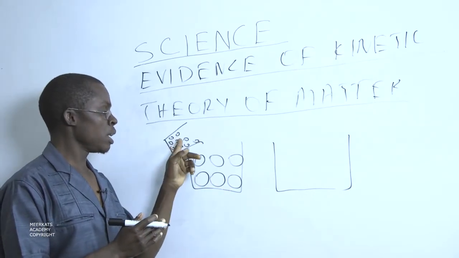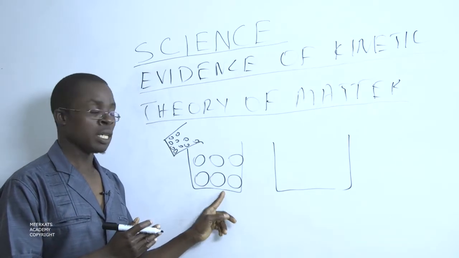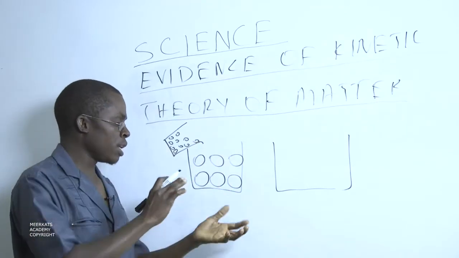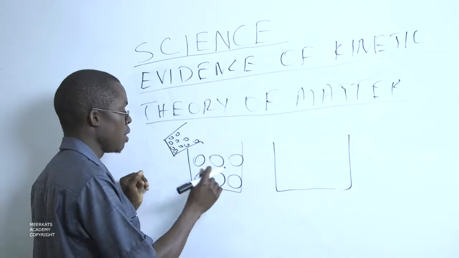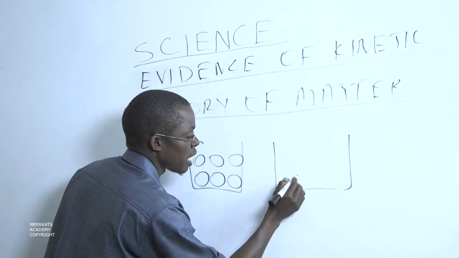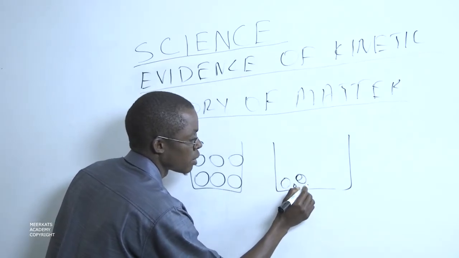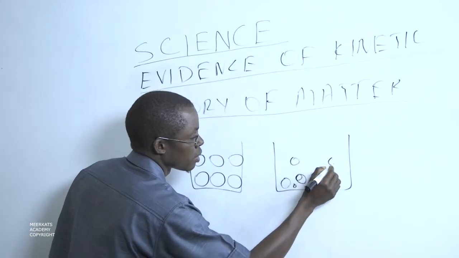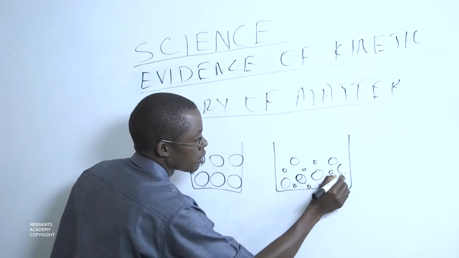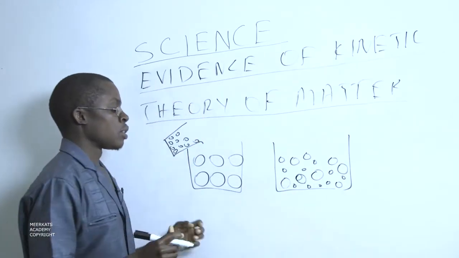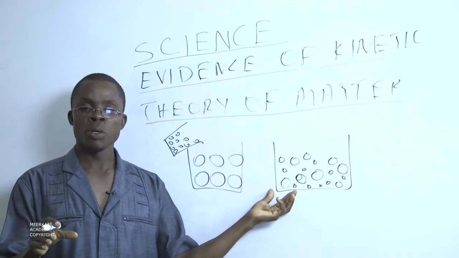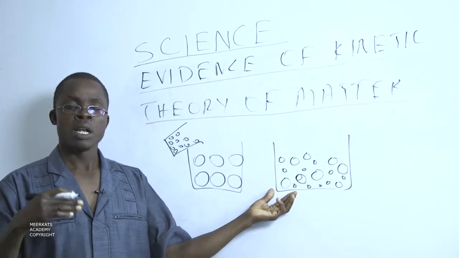Liquid, liquid. So this liquid A being poured into liquid B. This can be water, this can be juice. Because of these particles being free and able to roll over each other, and also these ones being able to roll over each other, they accommodate each other. So the small ones and the big ones have mixed into each other. This is what we call a liquid dissolving into another liquid.